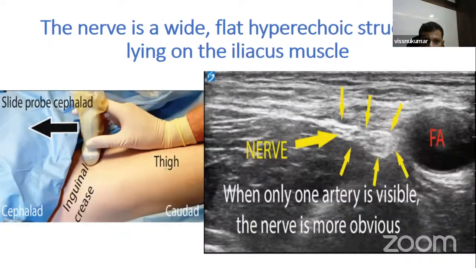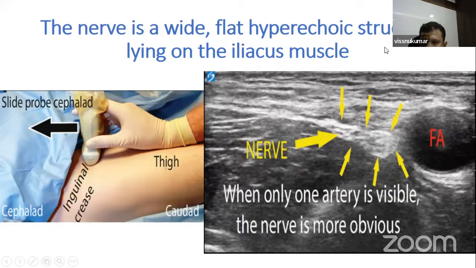Okay, now if you see this, here you have one single femoral artery, one single femoral vein, and the structure is like this. The ultrasound probe position is like this, and this is the point where you get the femoral nerve, which is white. You see this thick portion is the femoral nerve, and these are nothing but the thickened fascia.